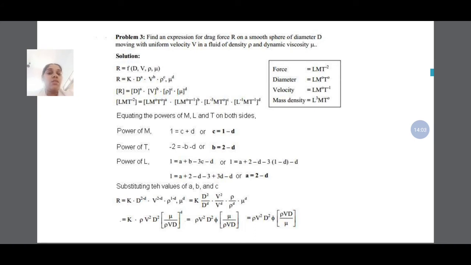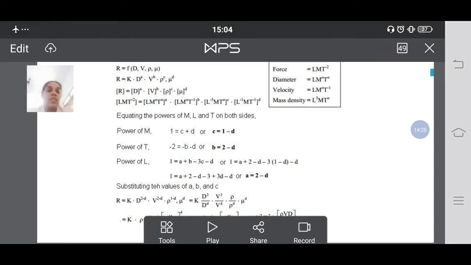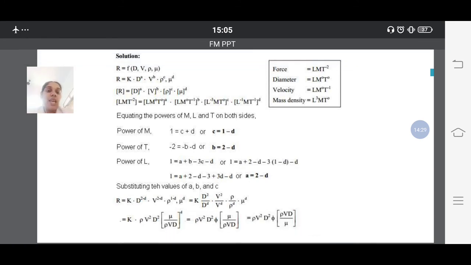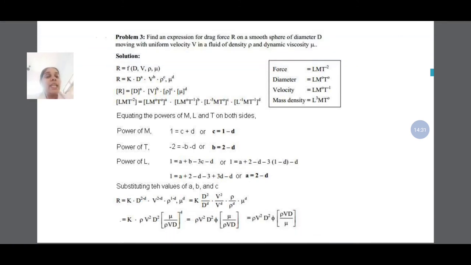This term also means d to the power of 2 into d to the power of minus d. And v to the power of 2 minus d is also written as v squared into v to the power of minus d. And rho is also written as rho power 1 into rho power minus d. And mu to the power of d is written the same. So if we have a negative sign in the power of anything, we can write it in division, that is in the denominator.